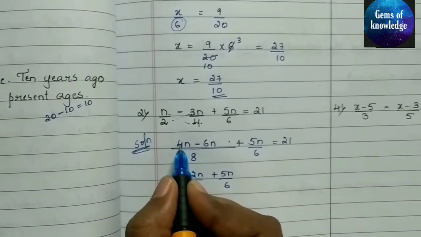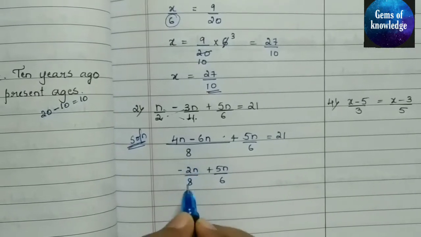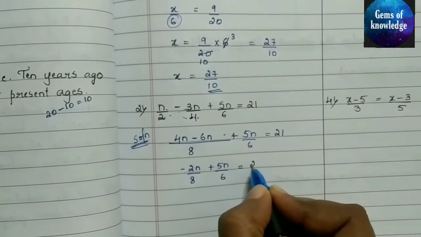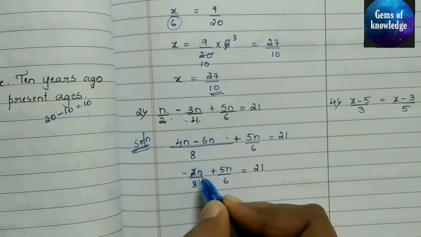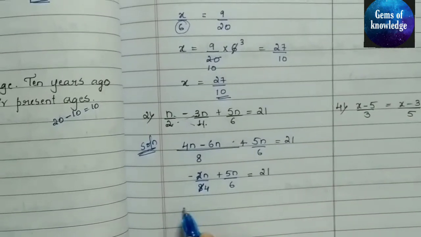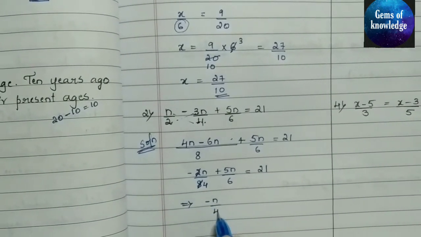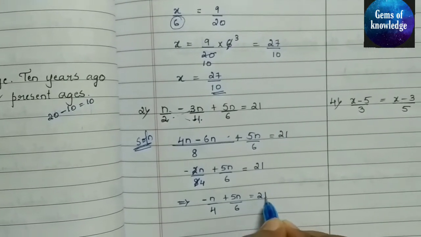You can see 4n minus 6n is nothing but minus 2n by 8, plus 5n by 6, equals 21. Now we can cancel 2 1s and 2 4s, so we will get minus n by 4 plus 5n divided by 6 equals 21.